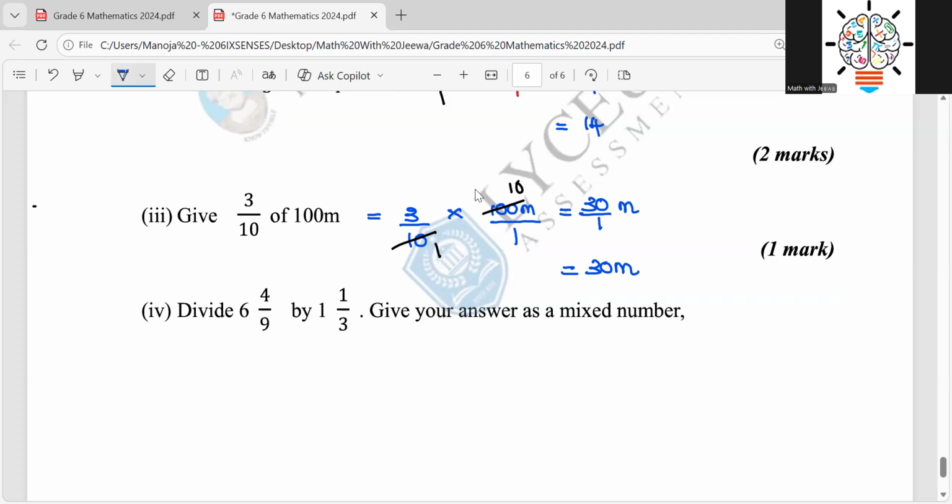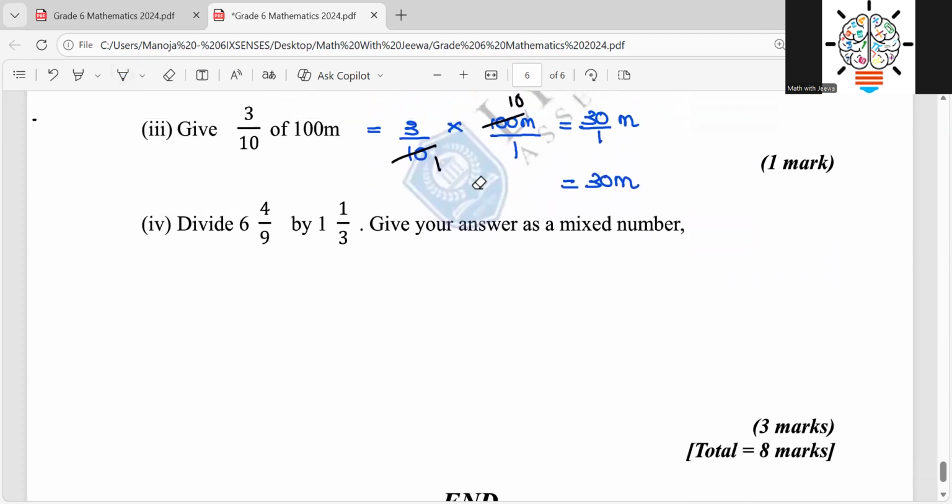Divide 6, 4 over 9. Divide, that you want to divide the first number, right? Divide 6, 4 over 9 by what? By 1, 1 over 3.